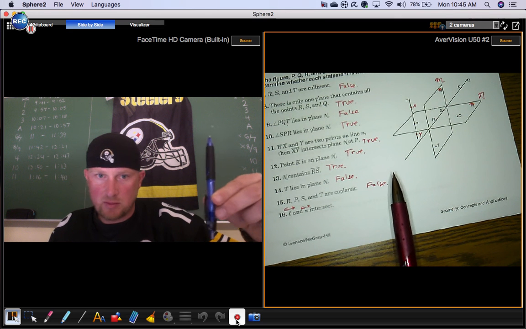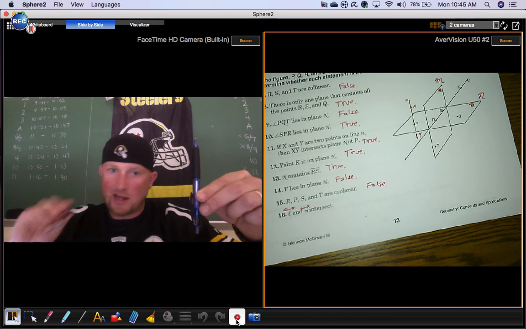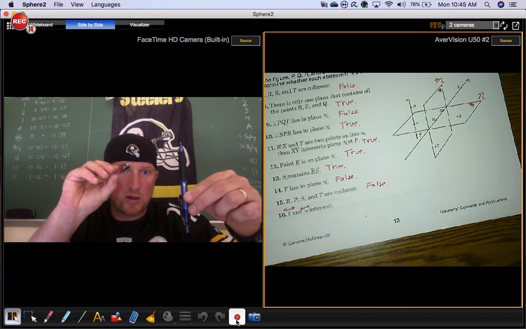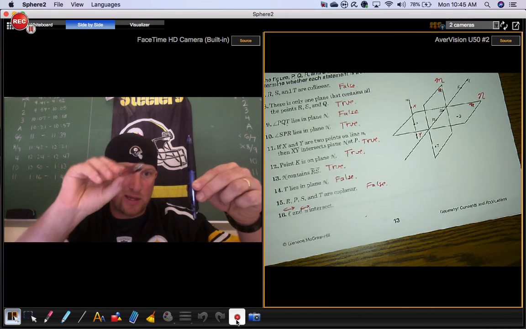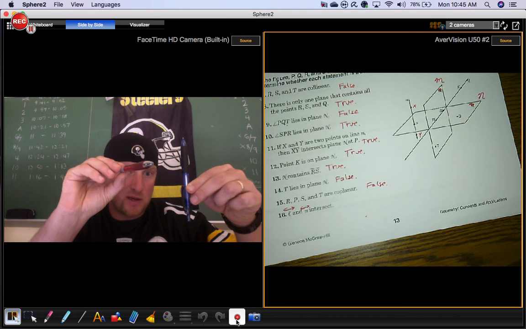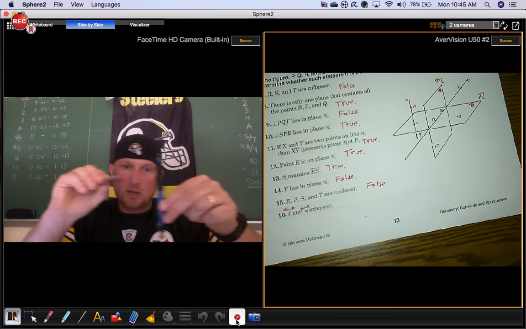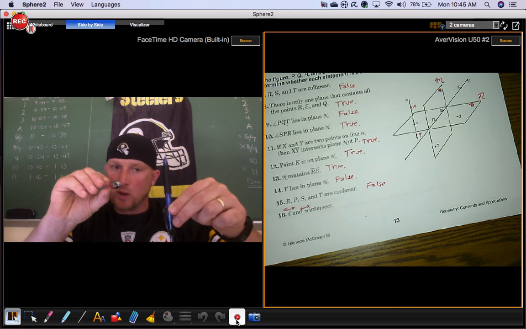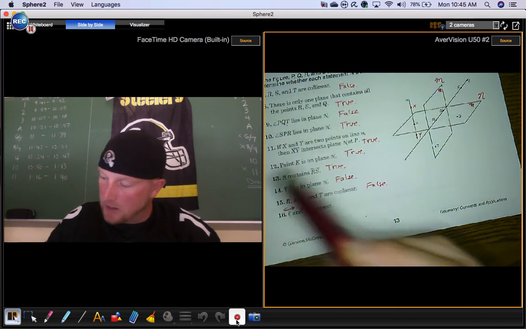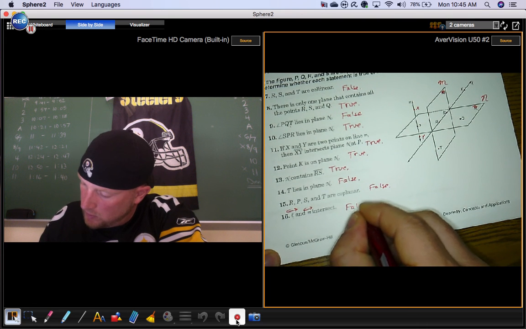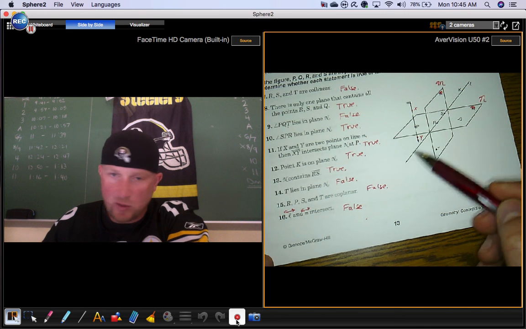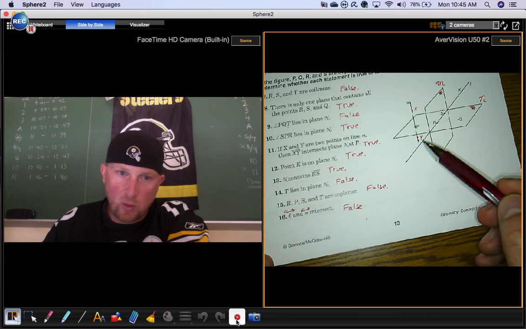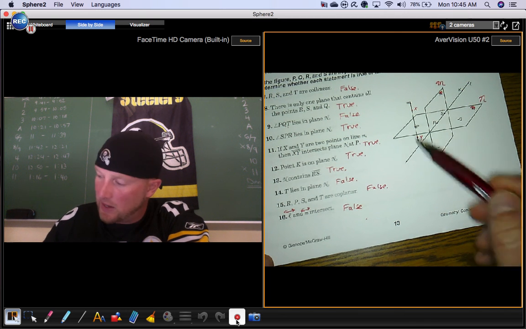Line M is sitting vertical, and then line L is over here somewhere. Now, if this goes straight up and down this way and this goes forward like this, are they ever going to touch, even if they go on forever? They're not going to. So these types of lines we're going to talk about later as well, but they're definitely not going to intersect. That's false. So part of the struggle here is knowing how to visualize this diagram and knowing what means what. These lines are in different planes.